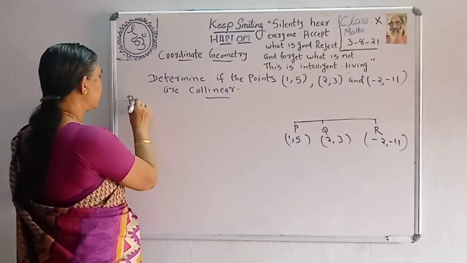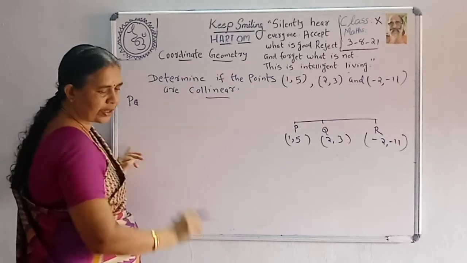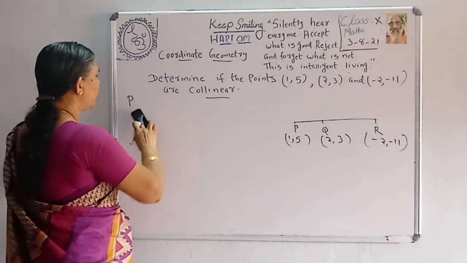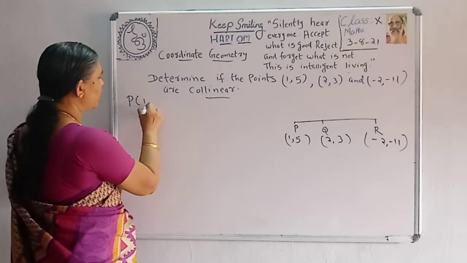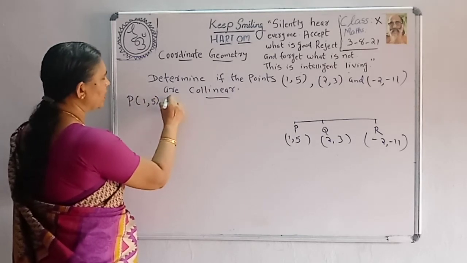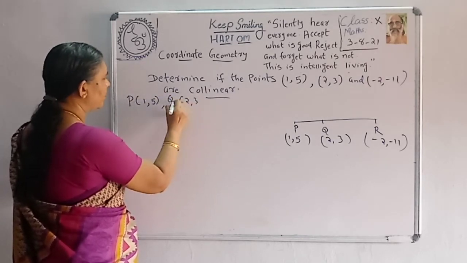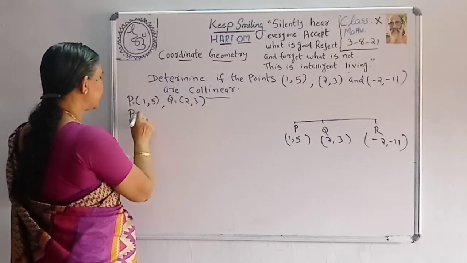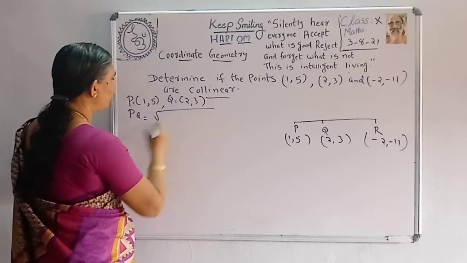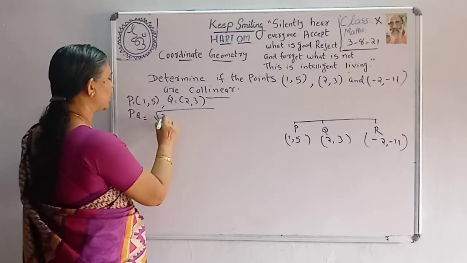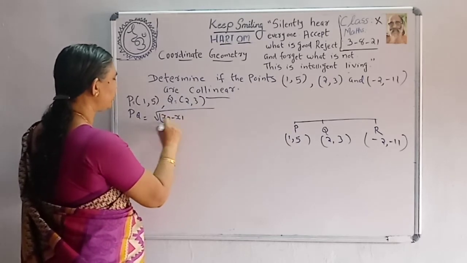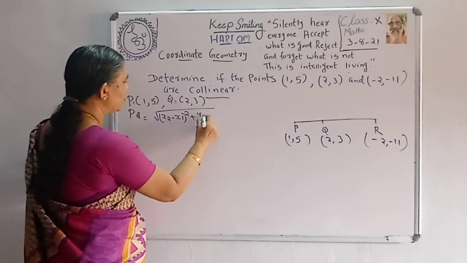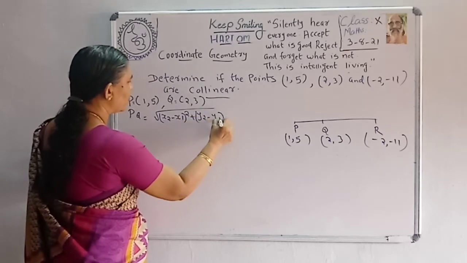First we can find the distance PQ. The point P is (1, 5) and Q is (2, 3). Then PQ is equal to the square root of (x2 minus x1) the whole square plus (y2 minus y1) the whole square.